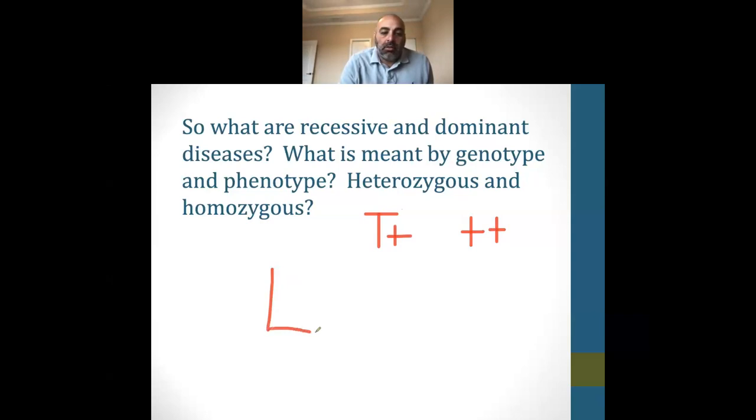So any offspring that get that dominant allele will have the disease. So this is diseased, diseased, no disease, no disease. Okay? That's Punnett squares.